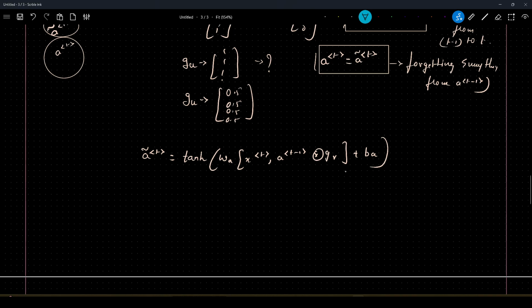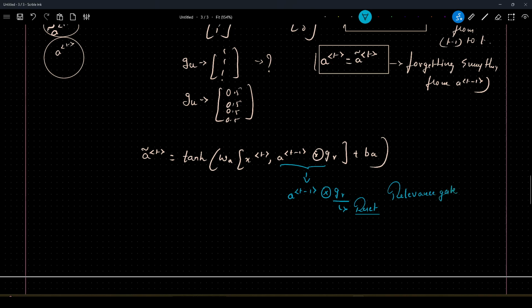Now we have to talk about this particular thing here. What we are doing? A T minus 1 multiplying with reset gate. I told you I like to call this the relevance gate. Now I will tell you why.